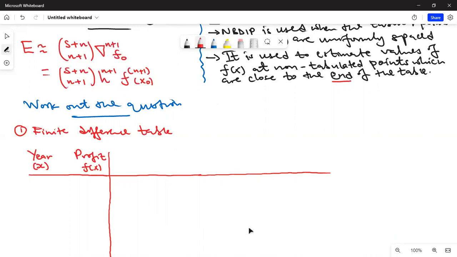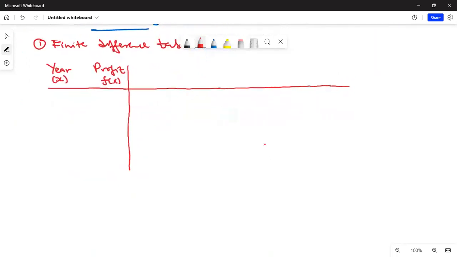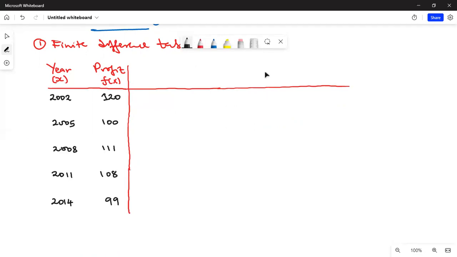So let's populate those values of X and F of X in this table. So we have written the X values and the F of X values.